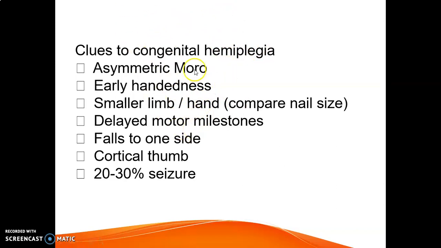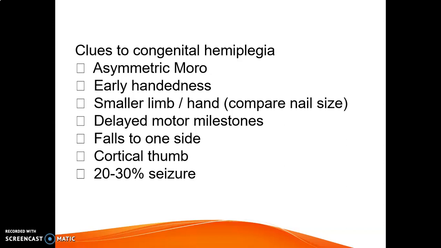Some of the ways to identify it: one is asymmetric Moro. There is the normal Moro reflex. You hold the baby in your hands, with one hand supporting the head of the child and the body on the same forearm. Suddenly you drop the head downward. The child will open both hands and then embrace, like opening the hands and then embracing.